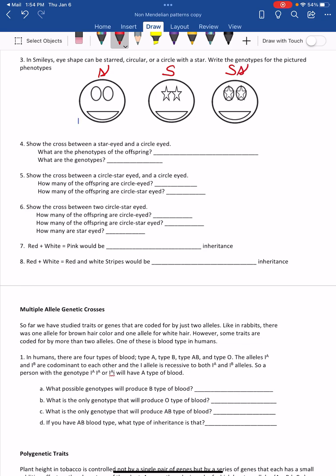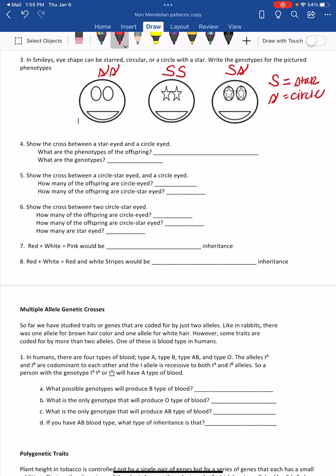Again, this would be 2 little s's, sorry. You could have switched those. You could have made the stars little s, and the circles big S, big S. That doesn't matter. You do need to give a key though.